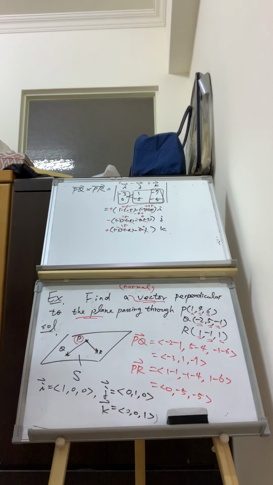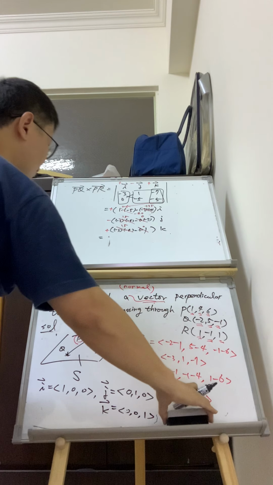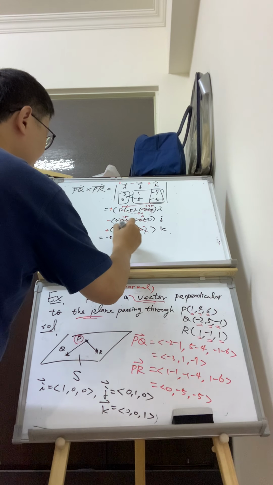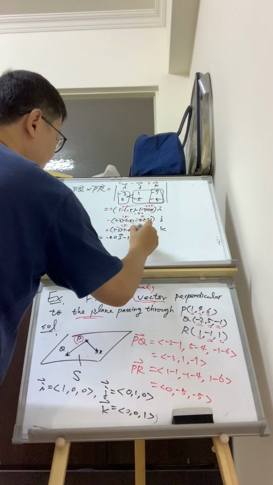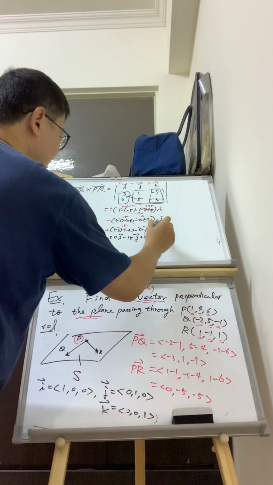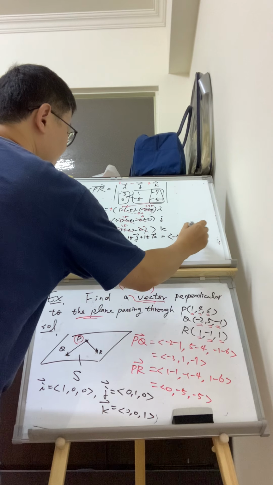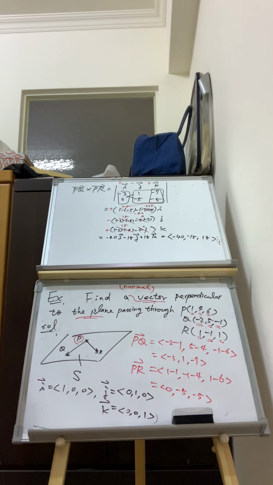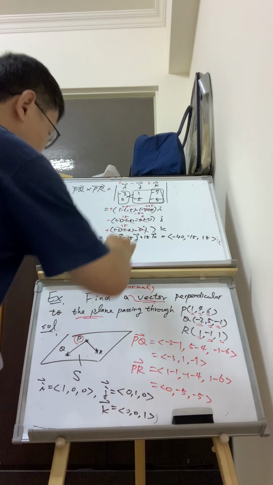So finally it's negative 40i subtract 15j plus 15k. So it's negative 40, negative 15, 15. It's exactly the vector that we want to find.